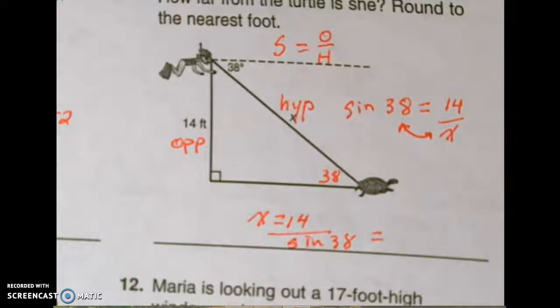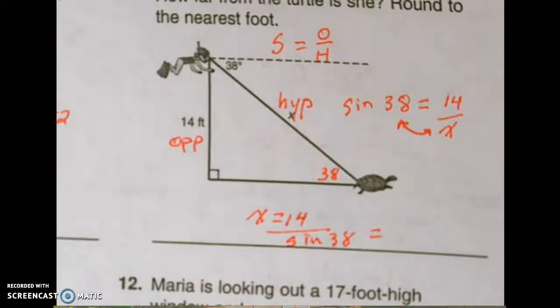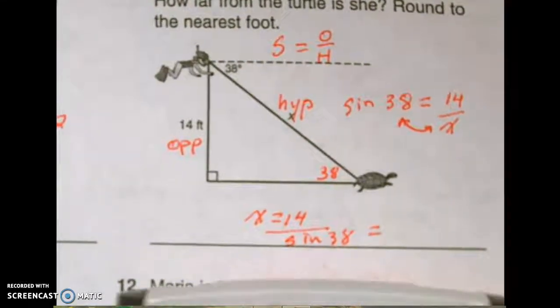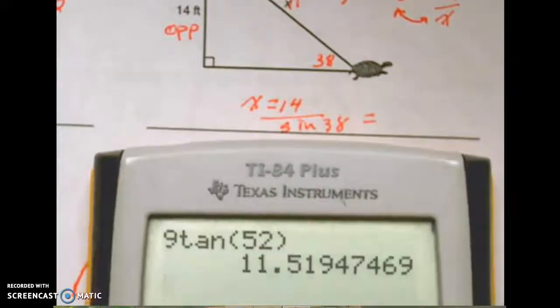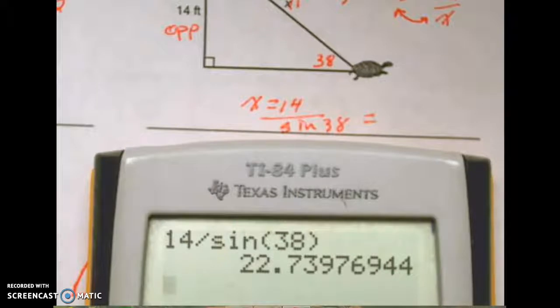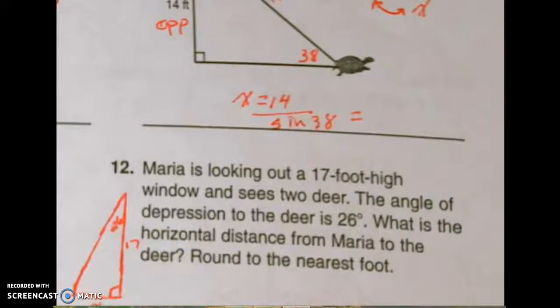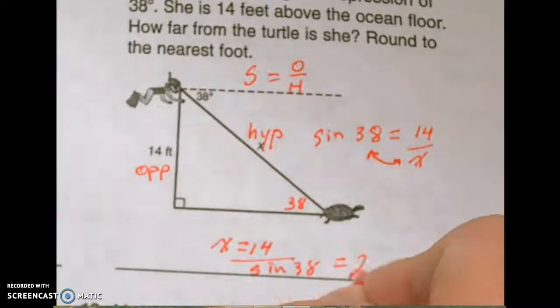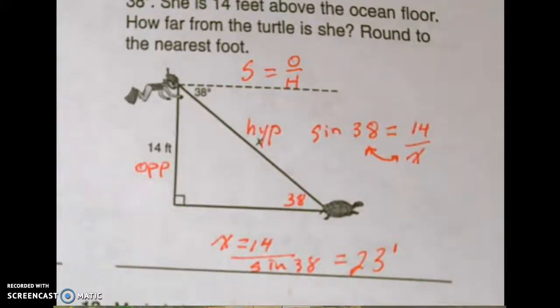And that's just another number crunching exercise in my calculator. 14 divided by the sine of 38 gives me 22.7. They want it to the nearest foot, so I'd probably round that to 23 feet. So the girl is 23 feet away from the turtle.